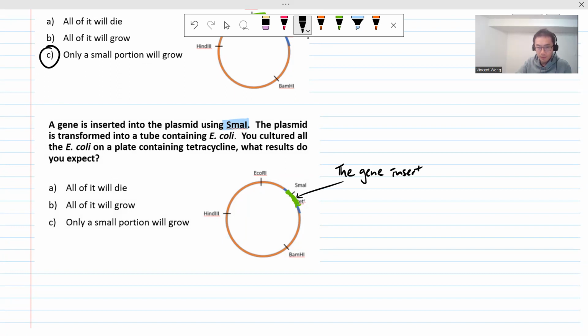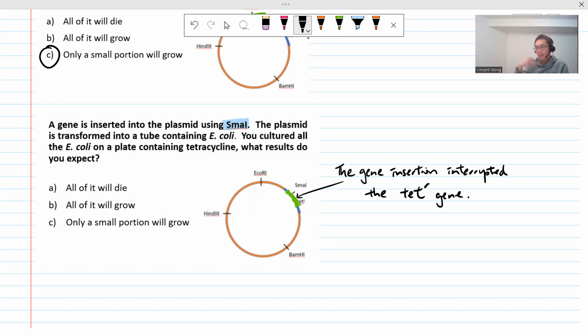And that's a problem because the gene insertion interrupted the TetR gene. It's going into the middle of the tetracycline resistance gene.